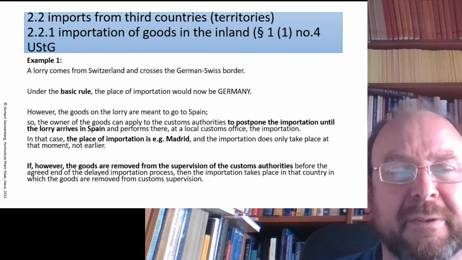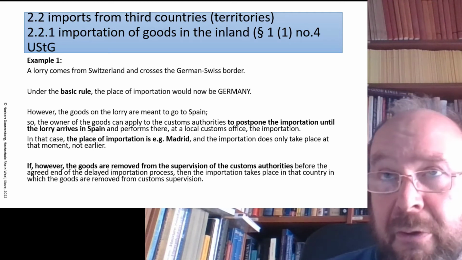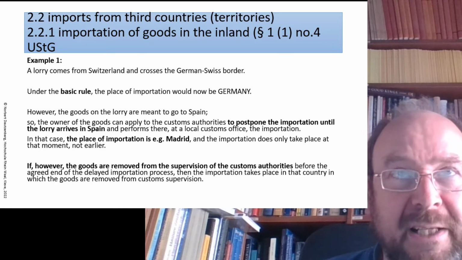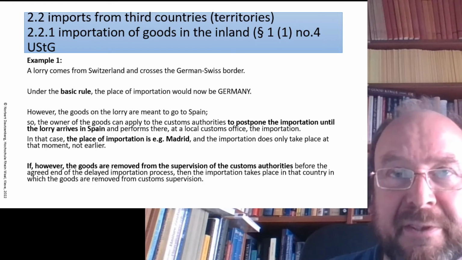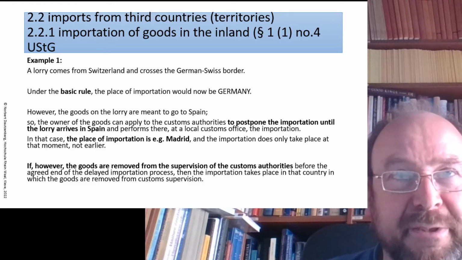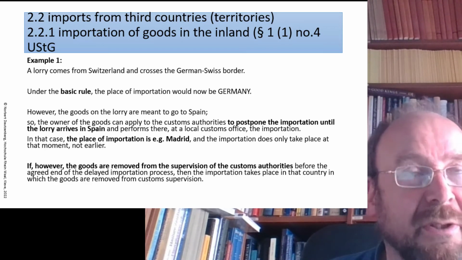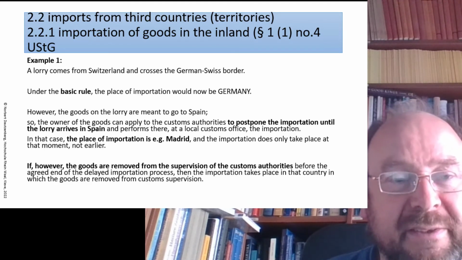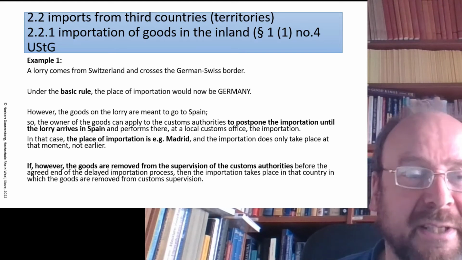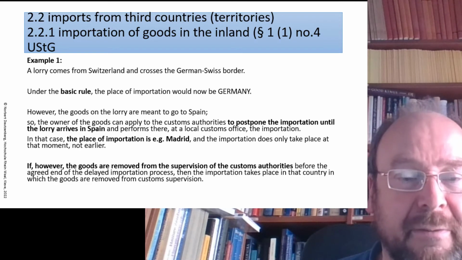So if you, let's say, park the lorry in a dark forest and unload all the goods and they vanish, then the person who has entered into such an agreement with the customs authorities is responsible for all the customs duties and importation VAT, and then the importation takes place at the place where these goods vanished from the customs authorities' supervision. So in that case, in that dark forest, that would be the place of importation then.